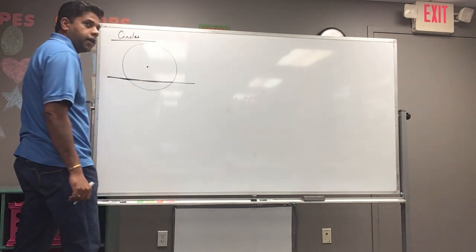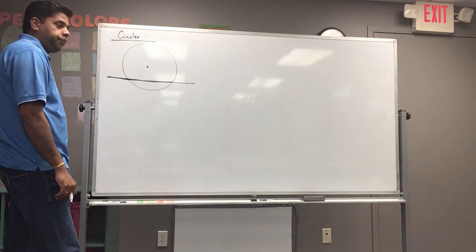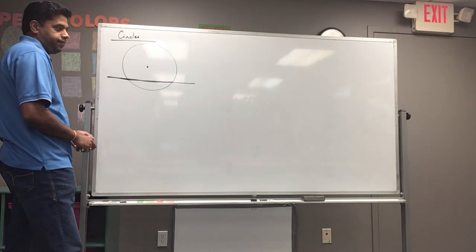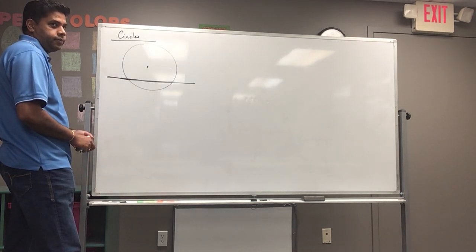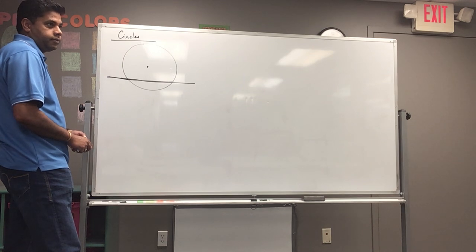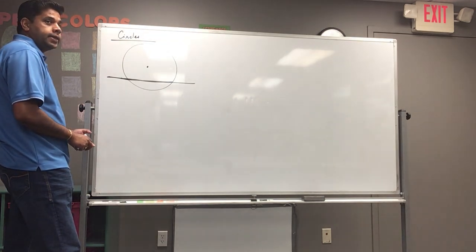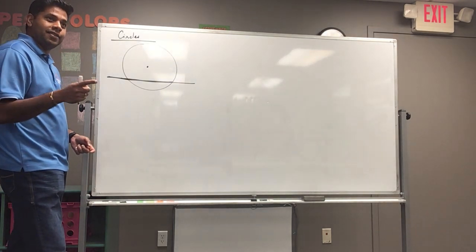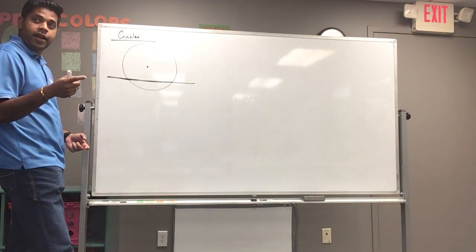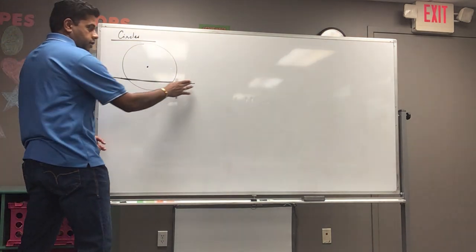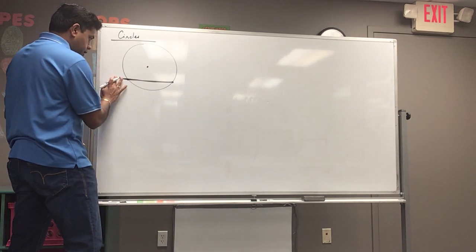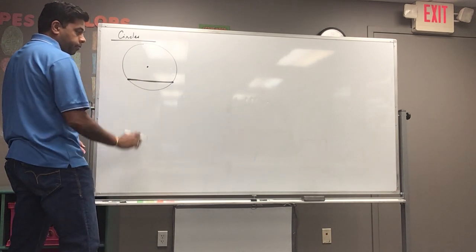This line becomes a secant. So what's the difference between a secant and a chord? A secant extends beyond the circle. A secant is a line, and a chord is a line segment. Remember the first day of geometry you learned that? So this is a line segment. This is a line.